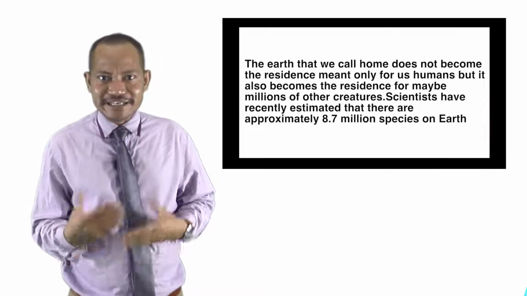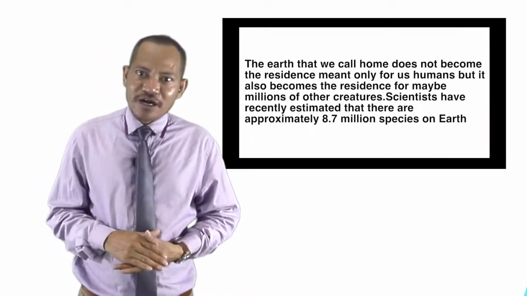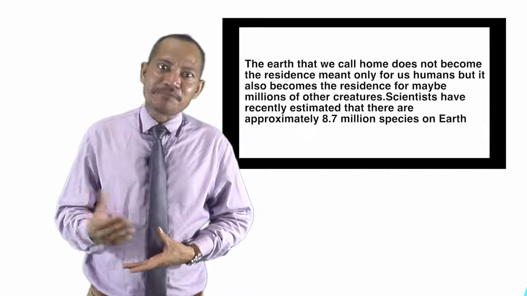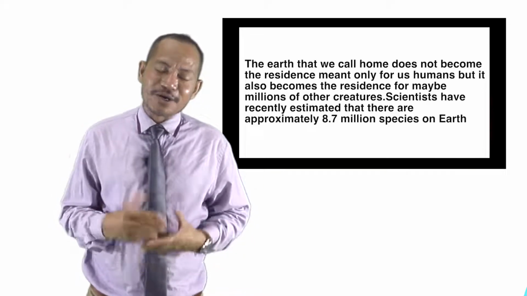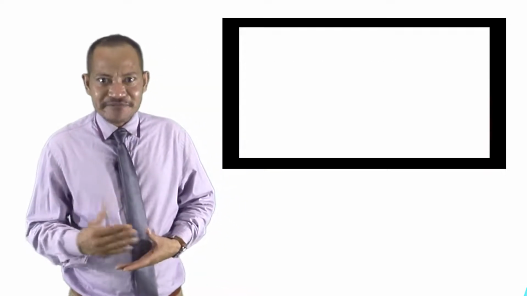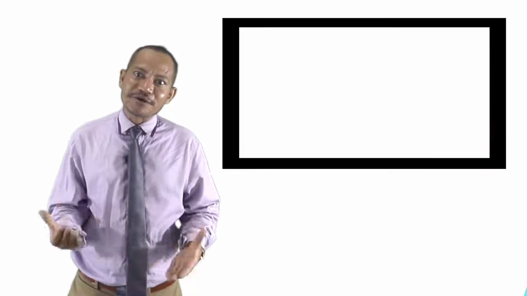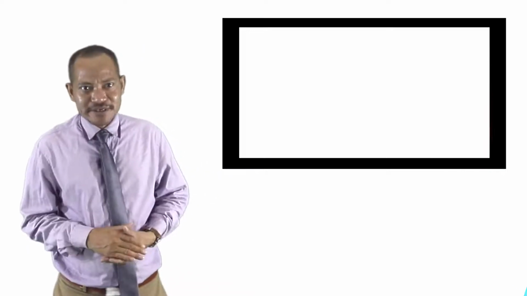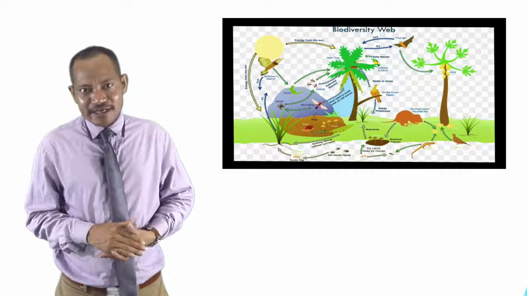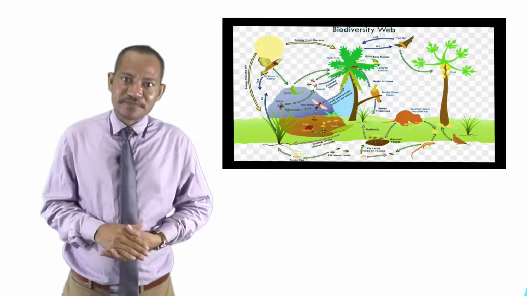Scientists have recently estimated that there are approximately 8.7 million species on Earth. They believe 1 to 2 million of those species are animals found either on land or in oceans.